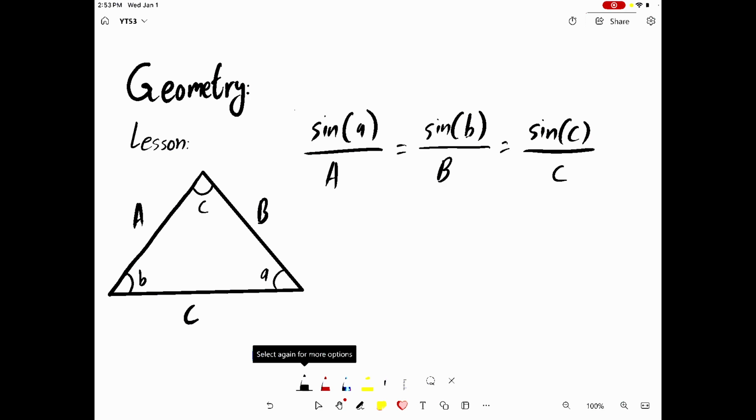So angle A, which is lowercase, the opposite side is the capital uppercase A. Same thing for B and same thing for C. And it's actually quite simple. It's just a relationship. It's a ratio.